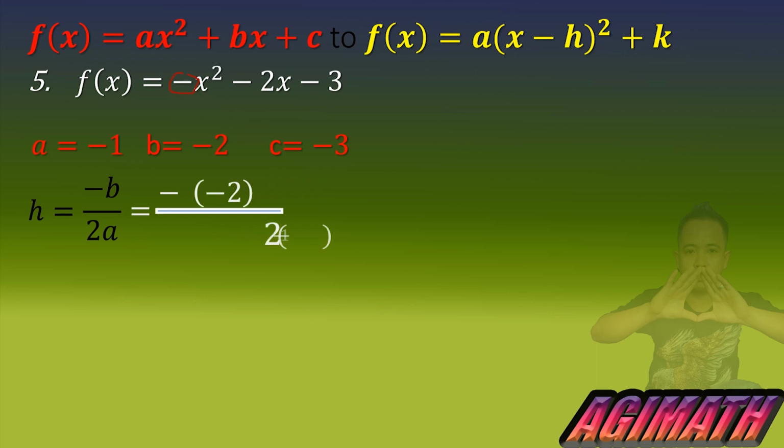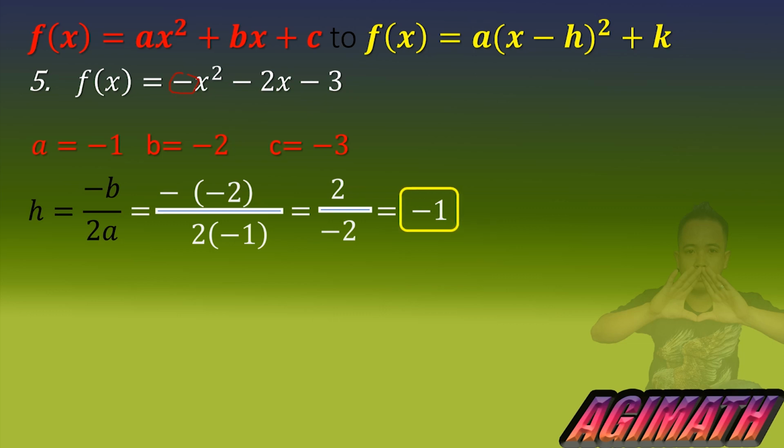And on the denominator, you will have 2 times negative 1 because A is equal to negative 1. Simplifying further, negative times negative 2 is equal to positive 2, and 2 times negative 1 is equal to negative 2. And then positive divided by negative is equal to negative. That's why we are going to have h as negative 1.